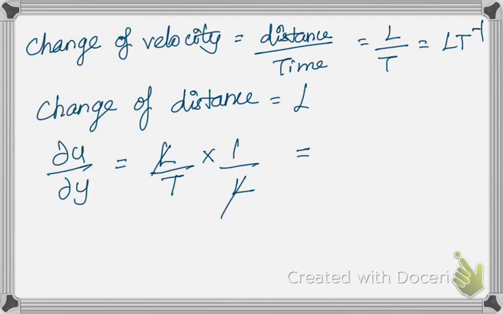So the velocity gradient will be T power minus 1. This I will keep as 5. Okay. So I have determined shear stress separately, and I have determined my velocity gradient separately.